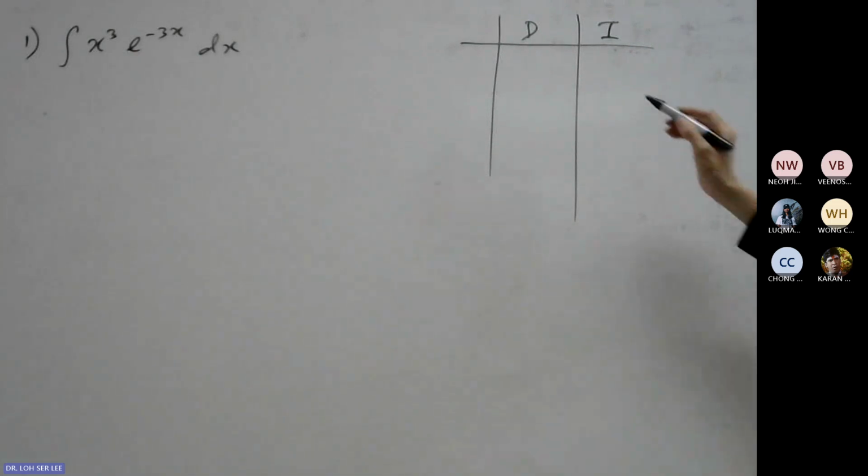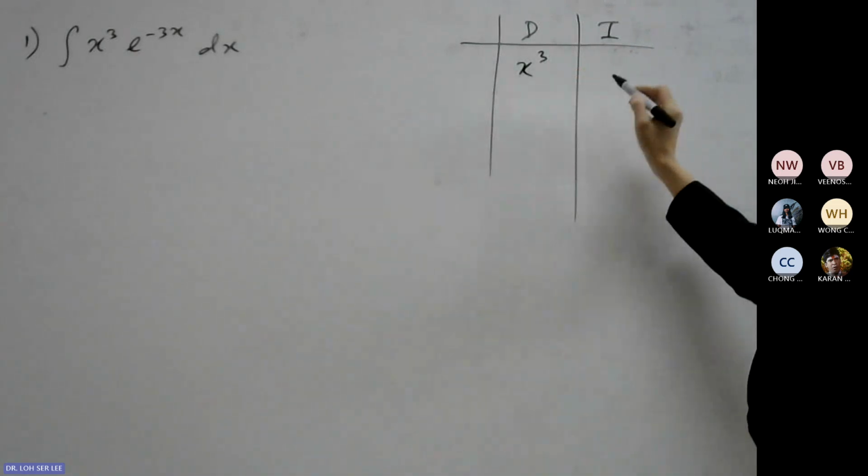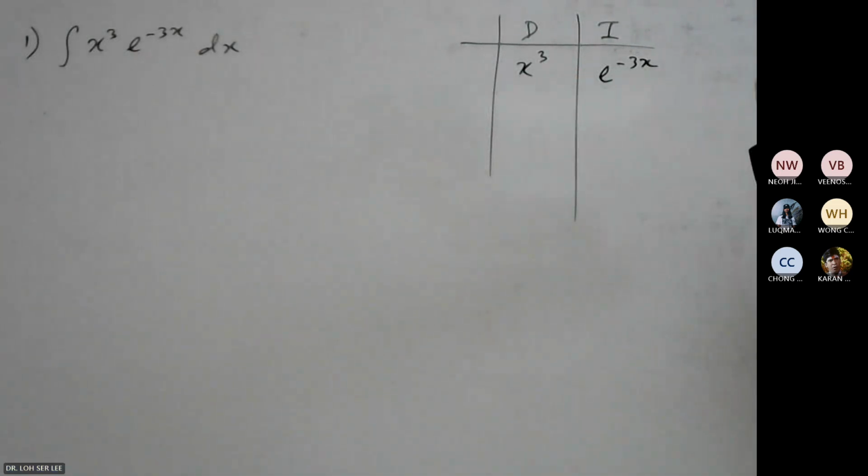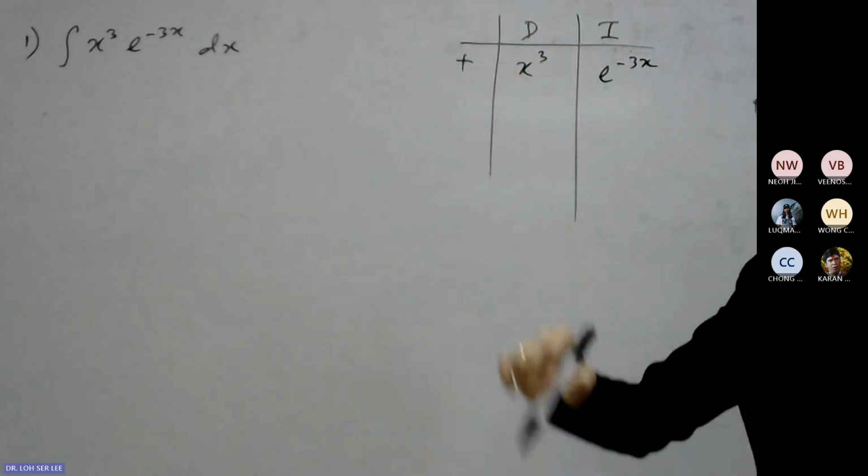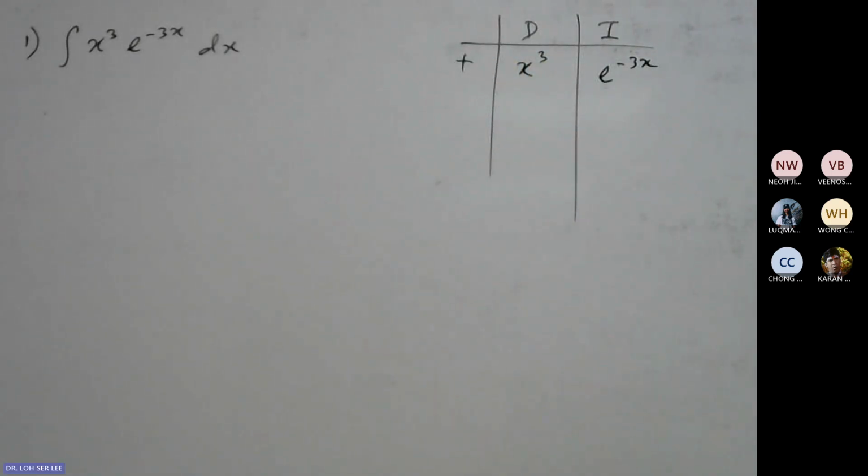X cubed. Okay, differentiate until you get 0. Complete the table. Then get the answer.